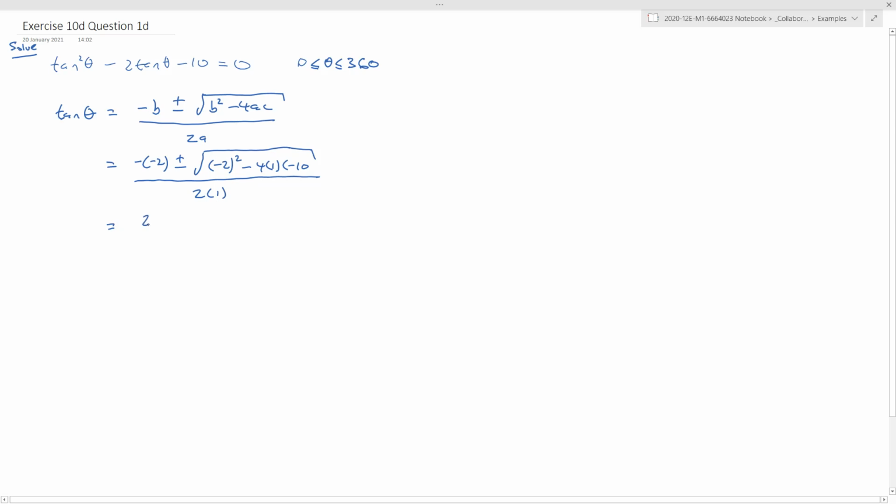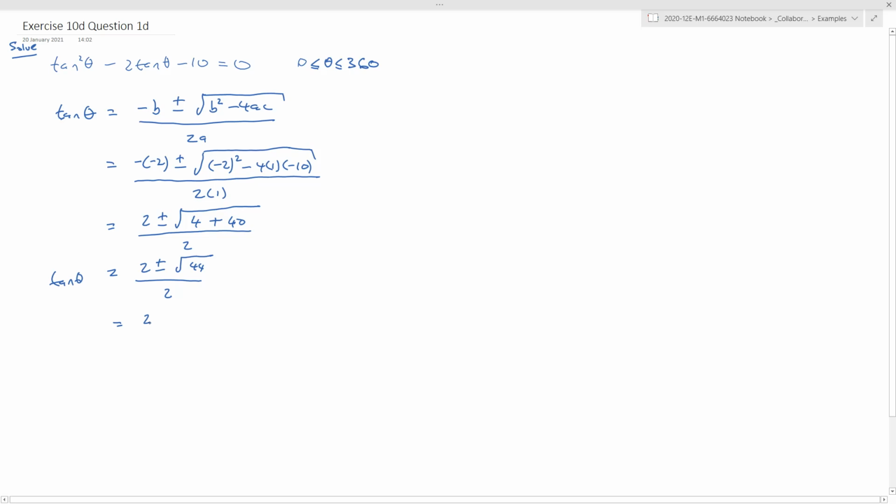Minus minus 2 is 2, plus or minus the square root of minus 2 squared, 4, minus 4 times 1 times minus 10. So that's going to give me a positive 4 times 10, 40, all divided by 2. So that's 2 plus or minus the square root of 44, divided by 2. So that's tan theta, giving me two answers.